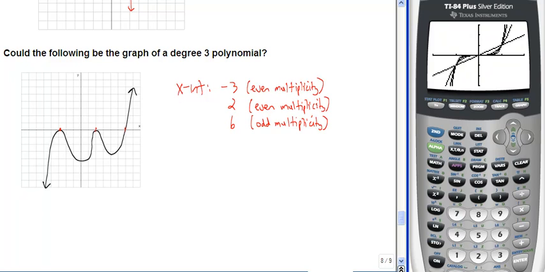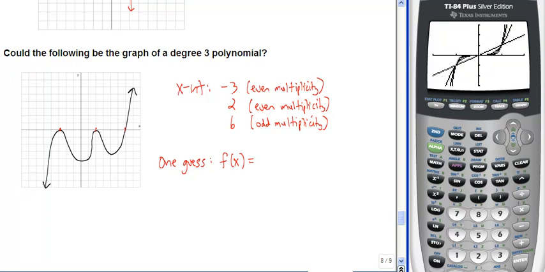Now we don't know exactly what the equation of this polynomial is, but one guess might be what kind of factors. So let's say that this polynomial has what factors?